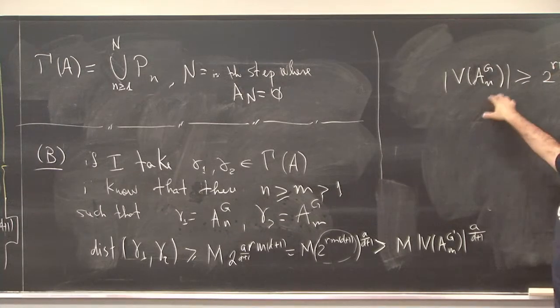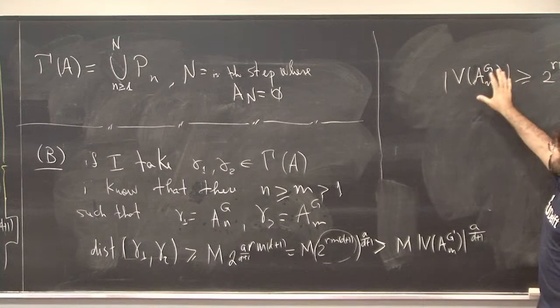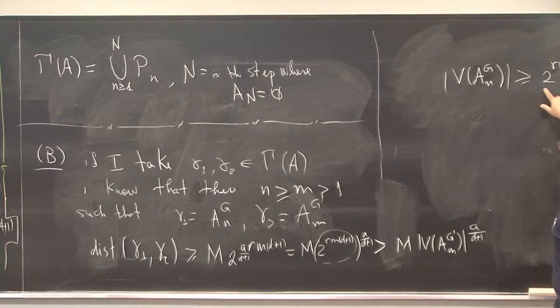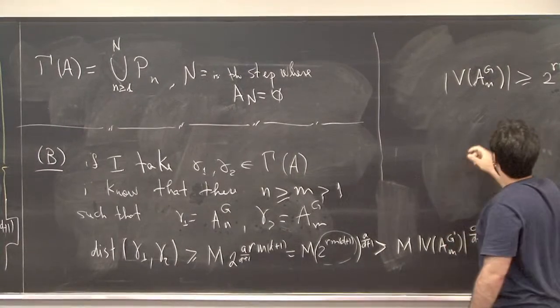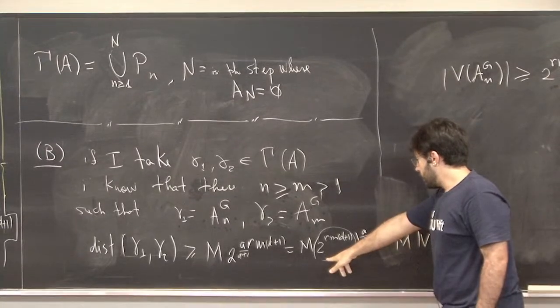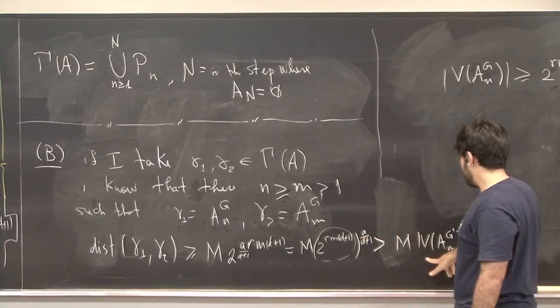Because the points right here, whatever they were in its components, they were not extracted, so its volume must be large. So what this means is that this quantity is also larger than this. So in consequence, it's larger than this.